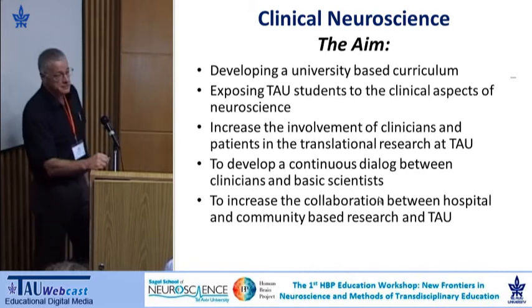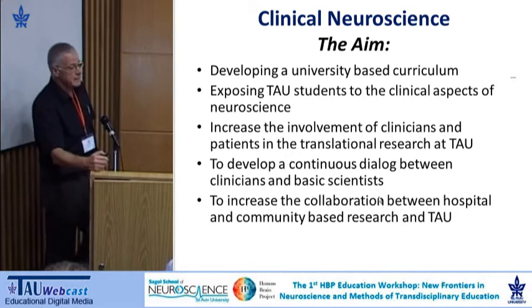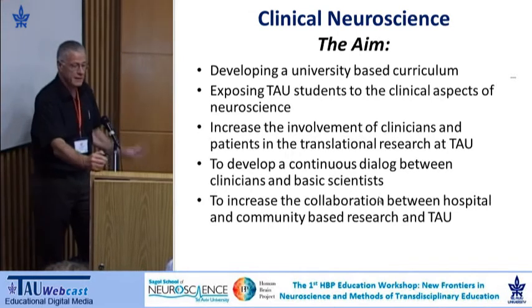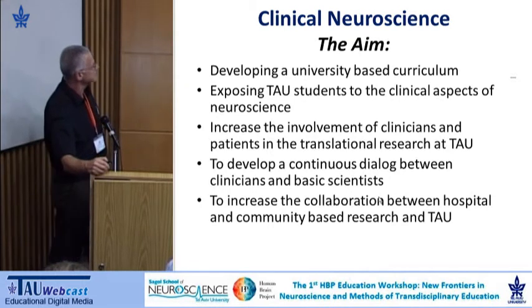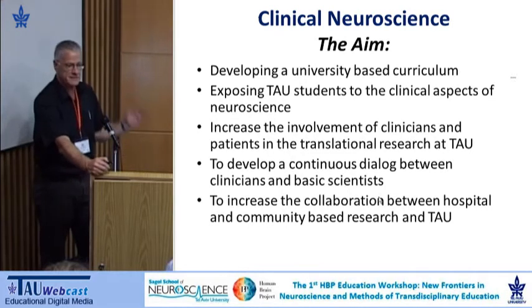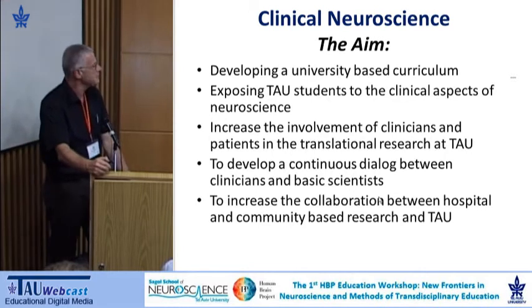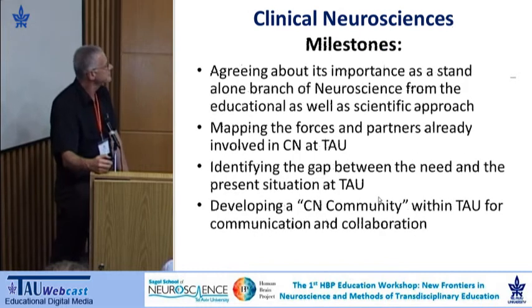I think this is a very ambitious aim. We have heard this morning that the hospitals are quite standing alone type of partner in this world of neuroscience. There's a lot of research done there, and not very much appreciated, I would say, at the level of the university.